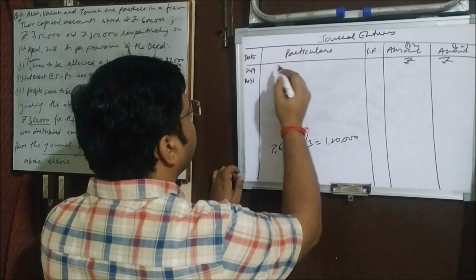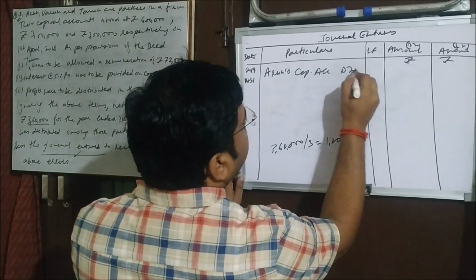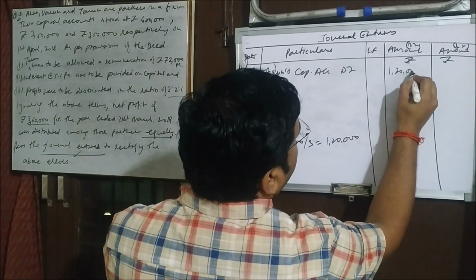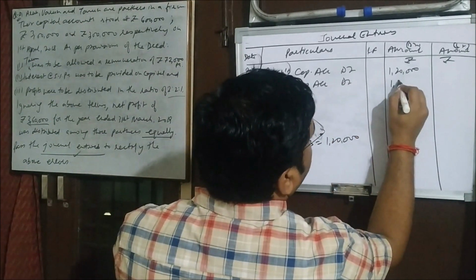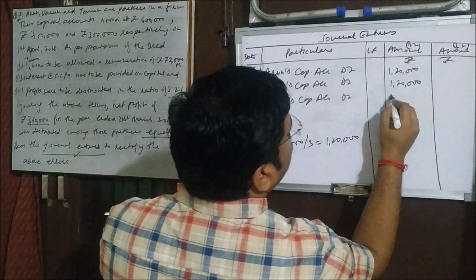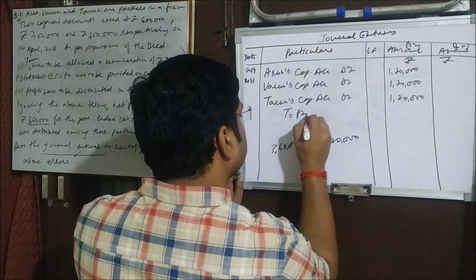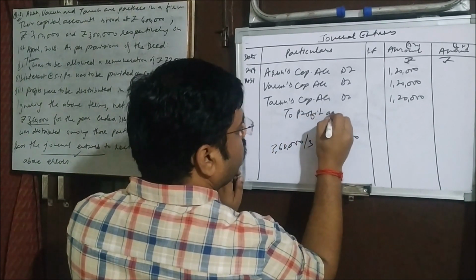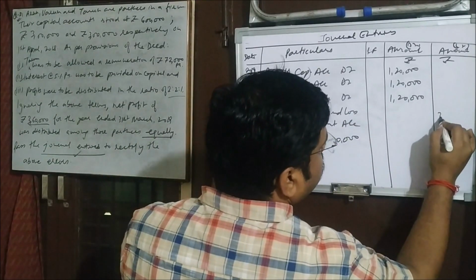So we need to pass the entry. Arun's capital account debit 1,20,000, Varun's capital account debit 1,20,000, Tarun's capital account debit 1,20,000, and to, pay attention here, profit and loss adjustment account 3,60,000.